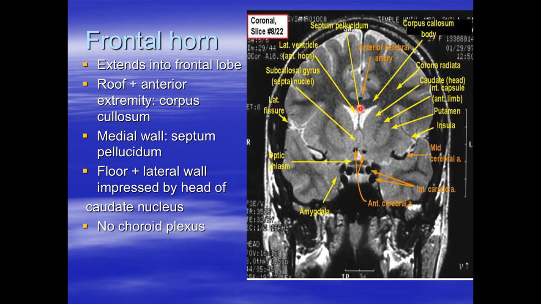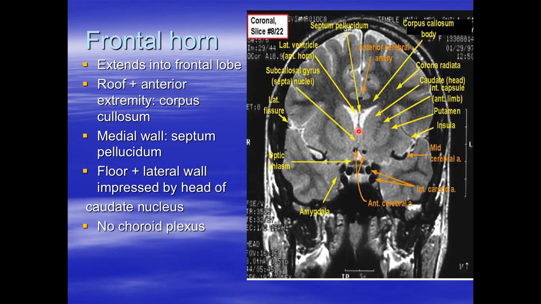Also, the medial wall is formed by the septum pellucidum. The floor and the lateral walls are formed by the head of the caudate nucleus. There is no choroid plexus here.